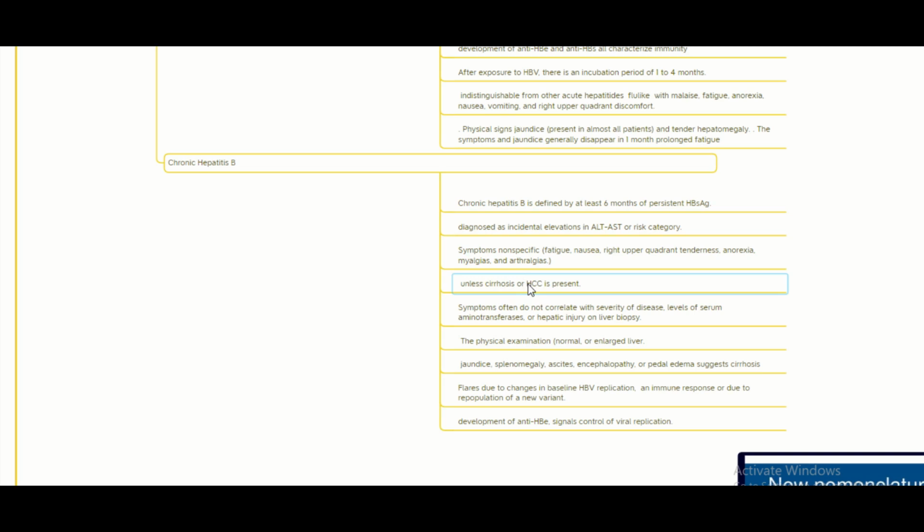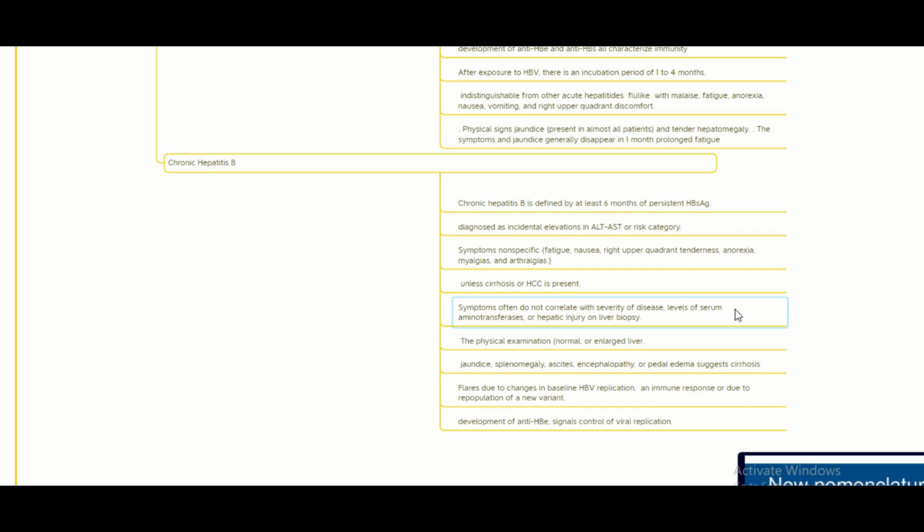Symptoms often do not correlate with the severity. Levels of serum aminotransferase also do not correlate with the severity, and neither does hepatic liver injury. The physical exam may be normal, or the patient might have an enlarged liver, unless the patient is having a flare, where we will have these symptoms and jaundice.